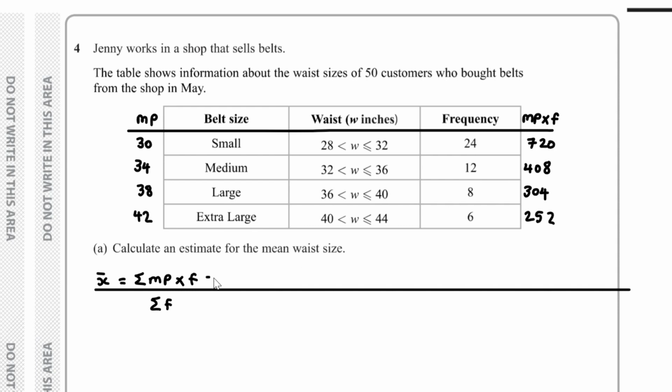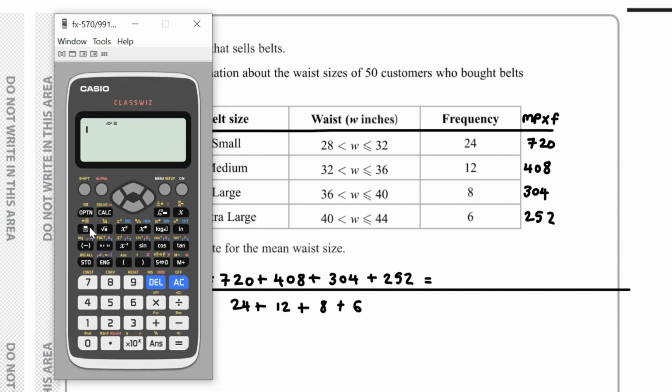So here we have 720 plus 408 plus 304 plus 252 over the sum of the frequencies, which is 24 plus 12 plus 8 plus 6. So let's work all of this out. On the top, 720 plus 408 plus 304 plus 252. On the bottom, 24 plus 12 plus 8 plus 6.